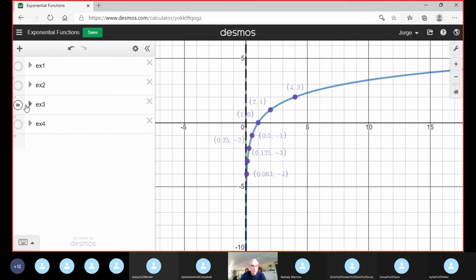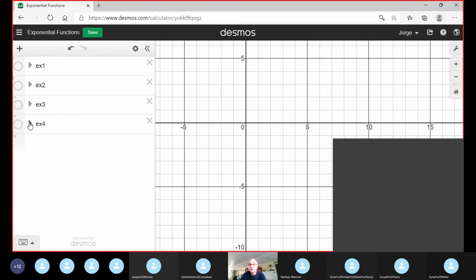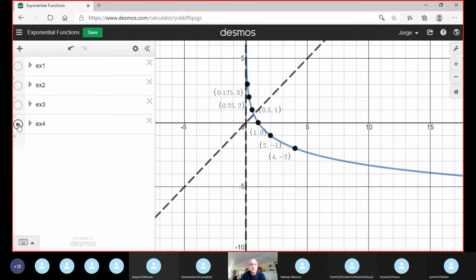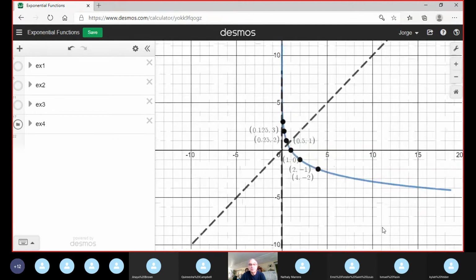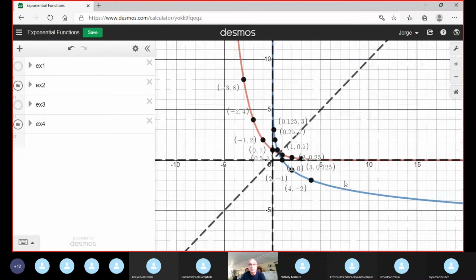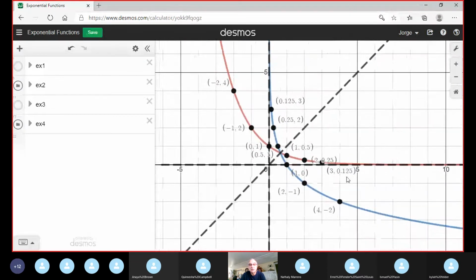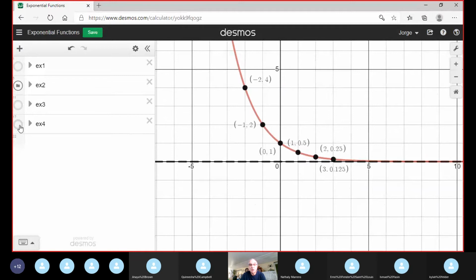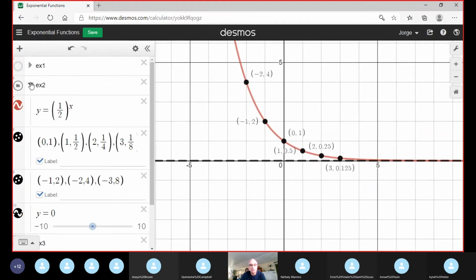But when the base is less than 1, the thing looks like that. Let me zoom. Again, one more time it happens. Look, the red one corresponds with the exponential function. What exponential? When the base is 1/2. Look at that.